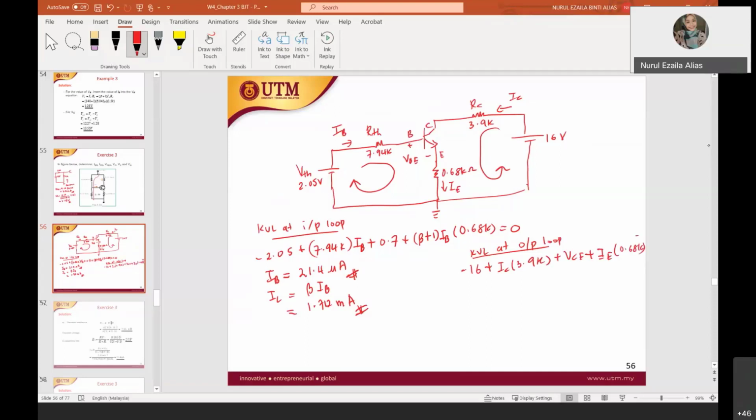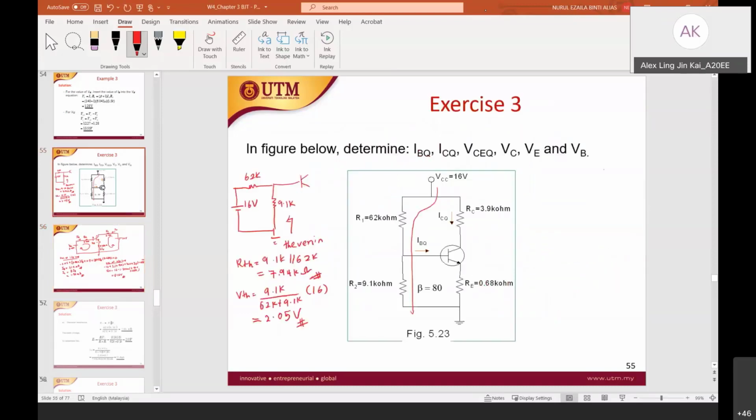From here you get VCE equal to 16 minus 1.712 milli times 3.9K plus 0.68K. How much is VCE? Wen Chuan's answer is 8.16 volts. Are those correct? Yes, the same. Great. So we have done this.